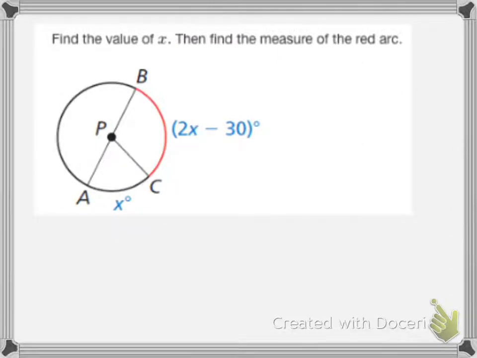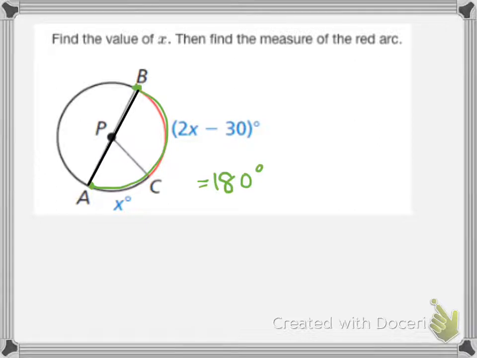This next problem says find the value of x, then find the measure of the red arc. So if we notice, we are given from A to B a value for them. A and B sit on the diameter, so that means that what I've highlighted in green is equal to 180 degrees.